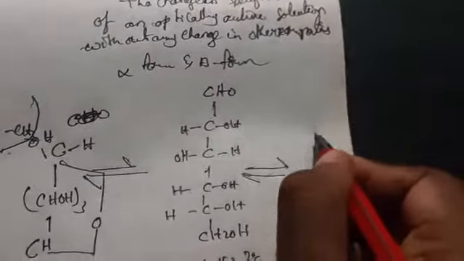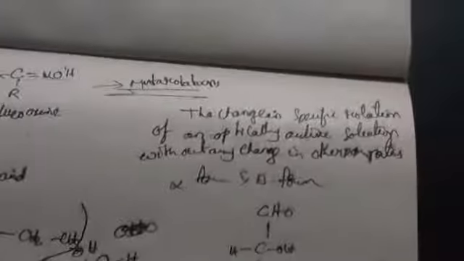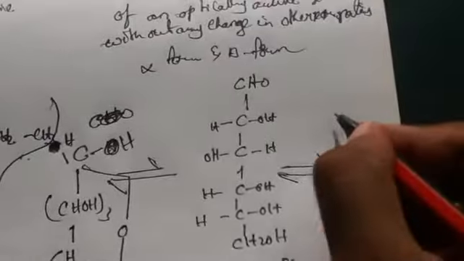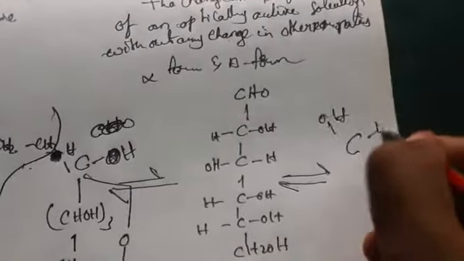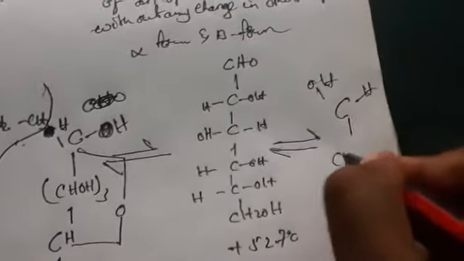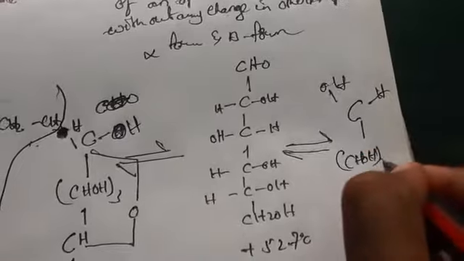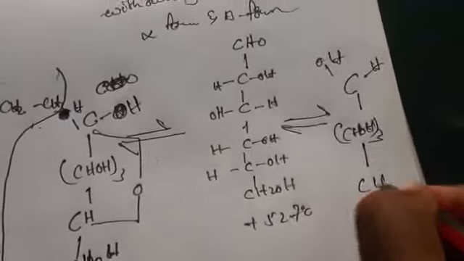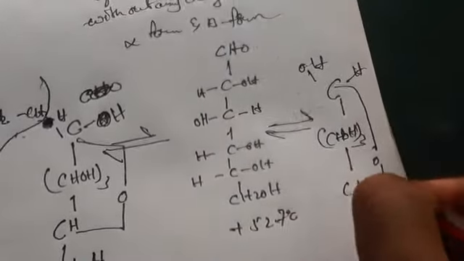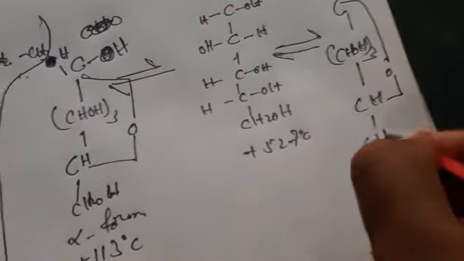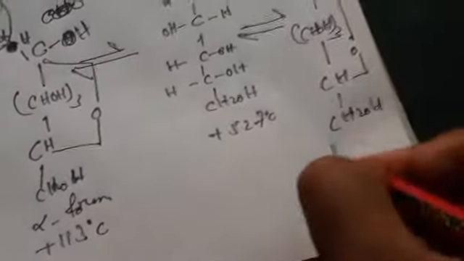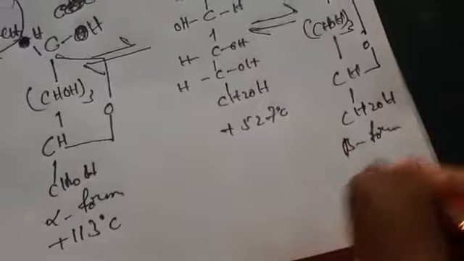Coming to the beta form here: OH, H, same, CHOH twice, CH, CH2OH, beta form plus 19 degrees.